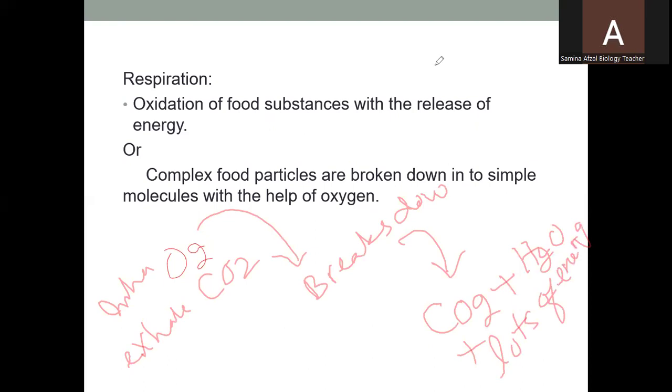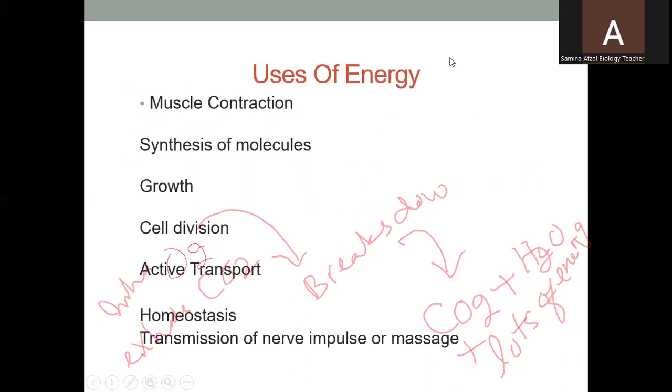So this is called respiration. During respiration, energy is released. There are so many uses of this energy in the body, so we will discuss the uses of energy.